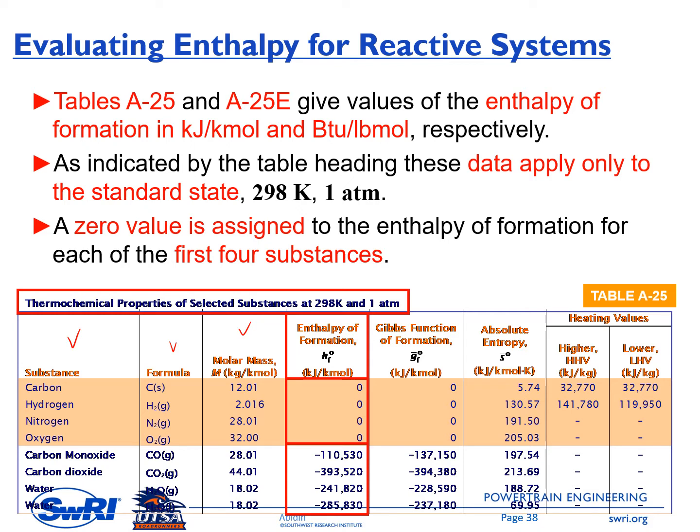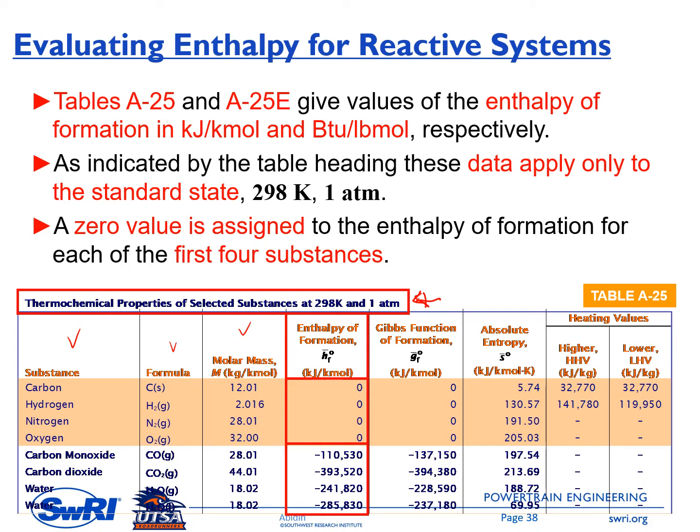And then the next one is the enthalpy of formation. As indicated by the table heading, this data applies only to the standard state, so this is 298 Kelvin and 1 atmosphere. So back again to this enthalpy of formation column.